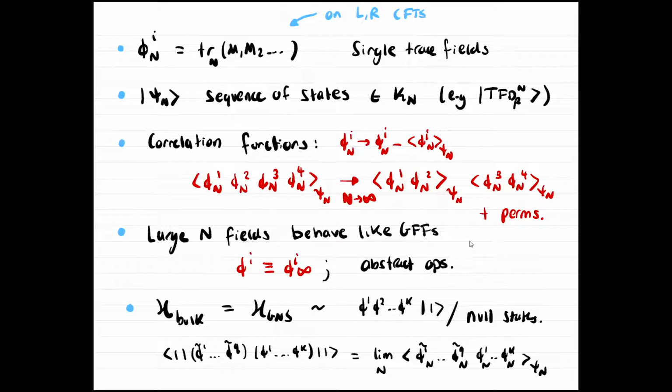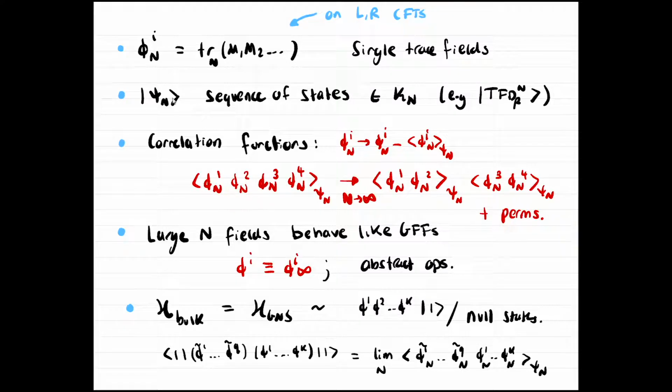In particular, we're used to taking the large N limit with some notion of single trace fields, right? So some single trace algebra. If we're thinking about some matrix-like theory, we have N by N matrices, and we take traces over them, and we construct these single trace fields. In order to take the limit, we still need another ingredient, which is a sequence of states.